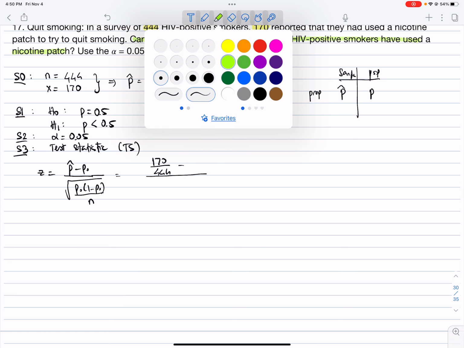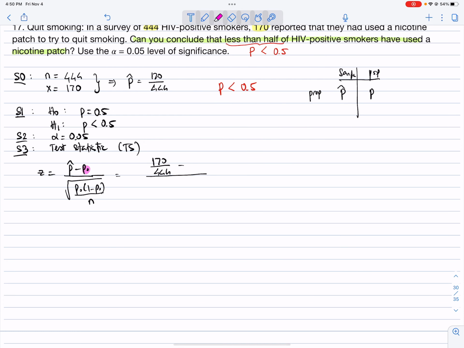We don't have P naught yet, so we look under the null, where we assume that P is 0.5, and that will be P naught. I just plug in the numbers, and then we will use GeoGebra for this.